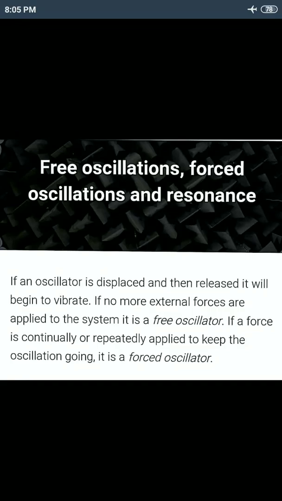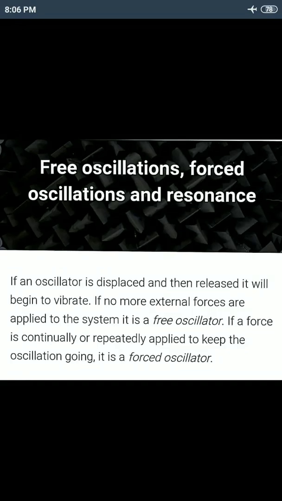Now if a force is continuously or repeatedly applied to keep the oscillation going, that is called forced oscillation. If we apply the force continuously or repeatedly, after some interval of time, regularly or irregularly, on it for oscillating, that type of oscillation is called forced oscillation.